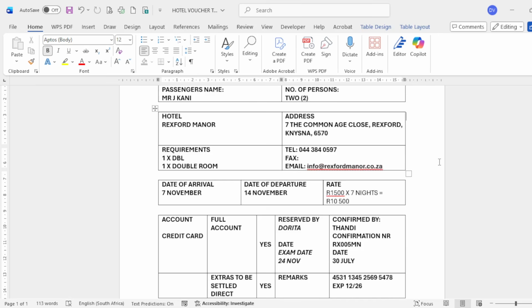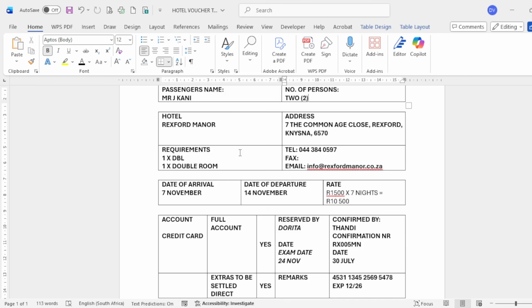You'll get your mark. And this is it, guys. It cannot be really any different. Just different will be if it's one person traveling, then the number of persons will be 1, and your requirement will be 1 times single room. That's the only difference.